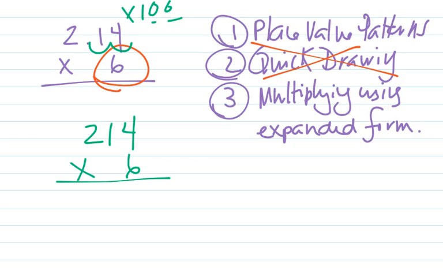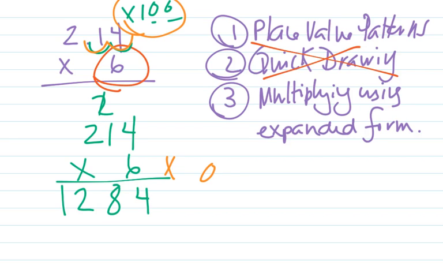So what we're going to do is we're going to take 4 times 6 is equal to 24. And we're going to regroup the 2. 6 times 1 is 6. Plus 2 is 8. And then 2 times 6 is 12. Now, boys and girls, our product is not actually 1,284 because, remember, we gained 2 decimal places, so we have to multiply by the opposite of that, which is 100th.